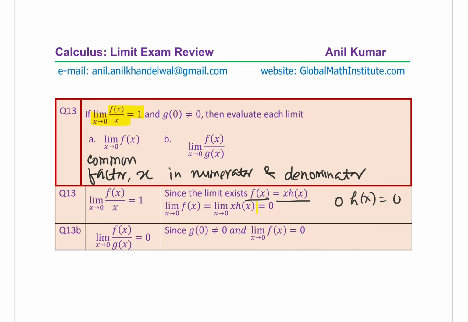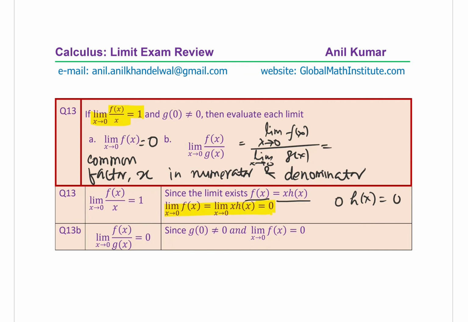Is that clear to you? So that is how we are going to answer this particular question. So we know this limit is actually equal to 0. Correct? Now we need to find the limit of the other function. We know this could be written as limit when x approaches 0 for f of x divided by limit when x approaches 0 for g of x. Correct?